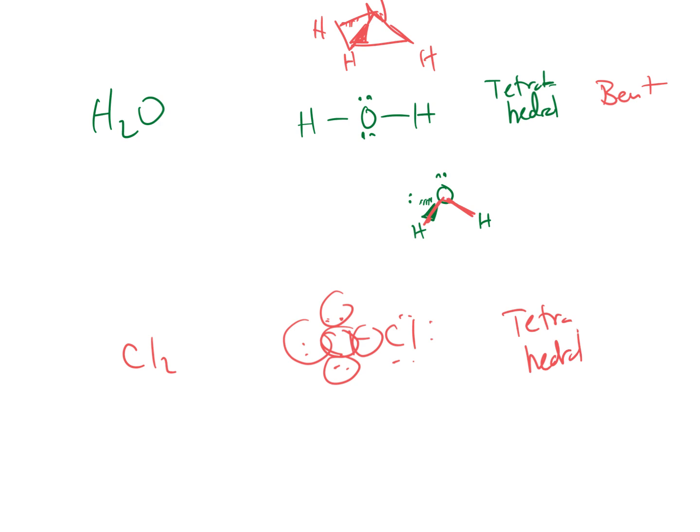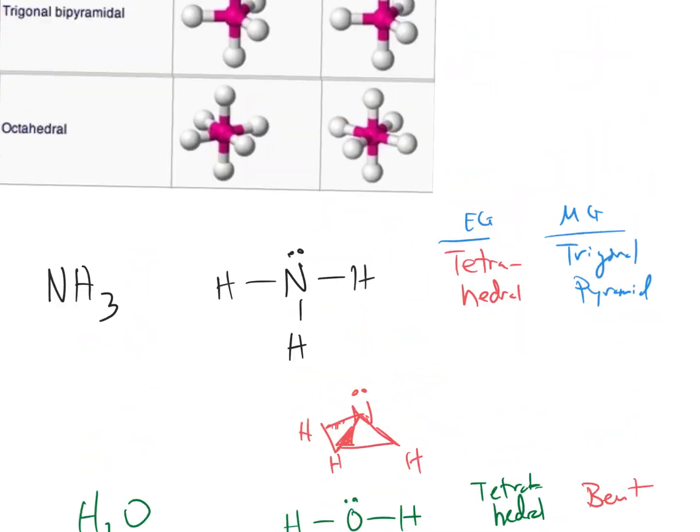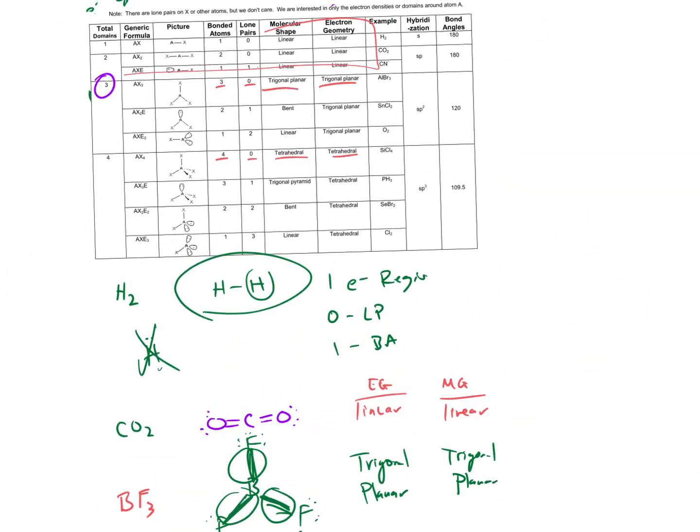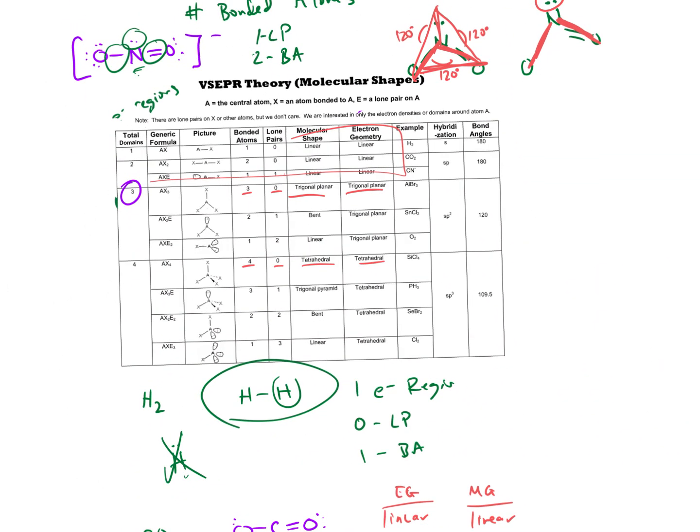But there's only one bonded atom, so what's the molecular shape? Linear. And there's another little pattern we can notice. If it's one bonded atom, it's always linear. Good? Does that make sense in your mind?